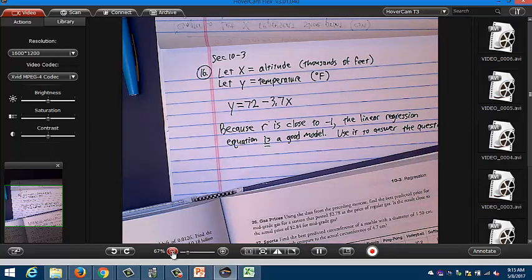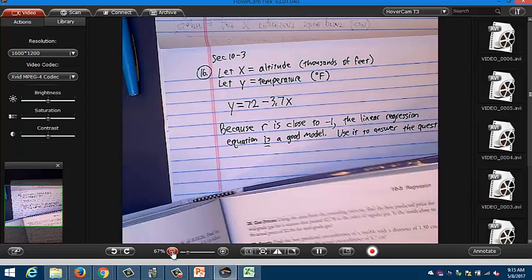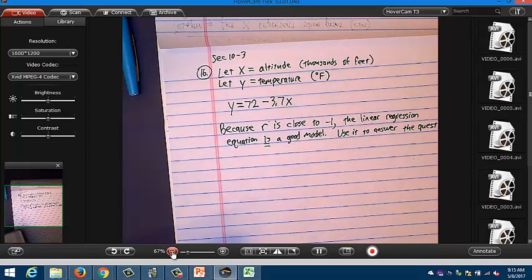But there are times when you can't use the equation. If you got R as 0, you wouldn't want to use the equation. But anyways, how do I use it to answer the question? What did they ask?